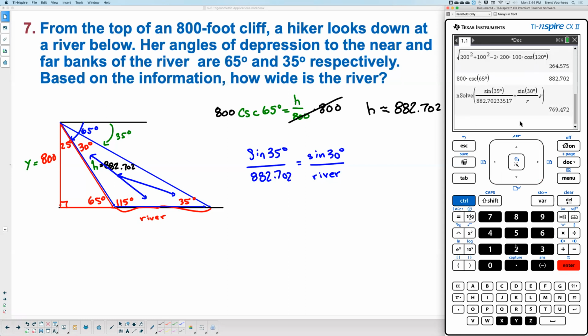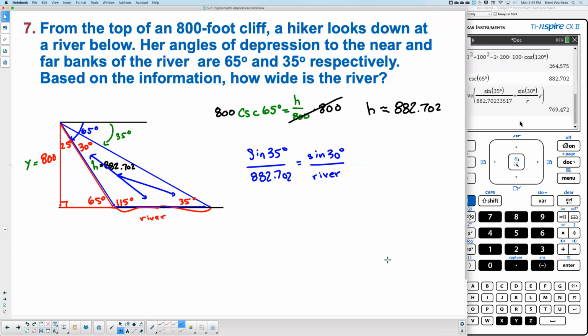Y'all getting the same value as me? Okay, I'm just going to call this 769.5. The river is approximately 769.5 feet wide.